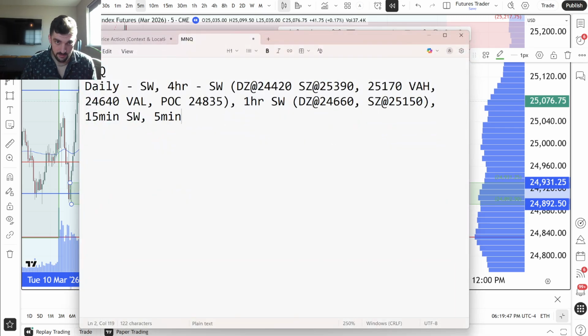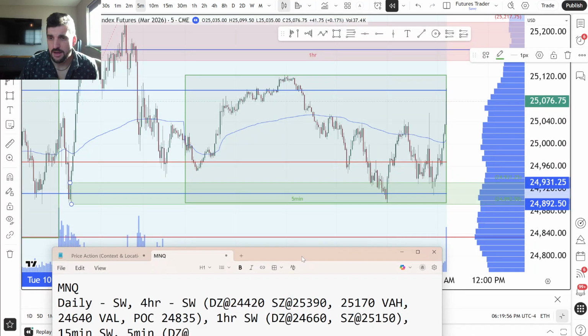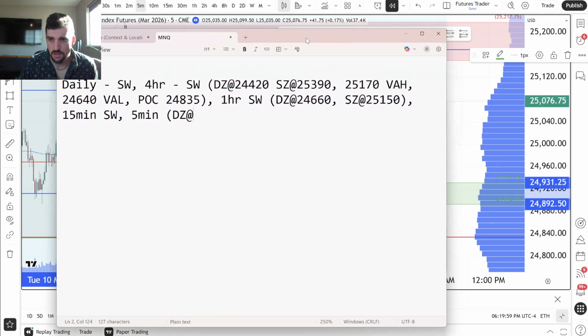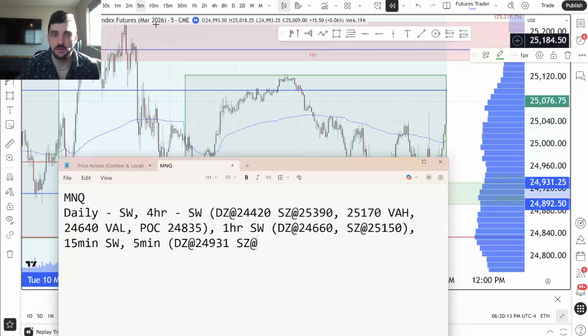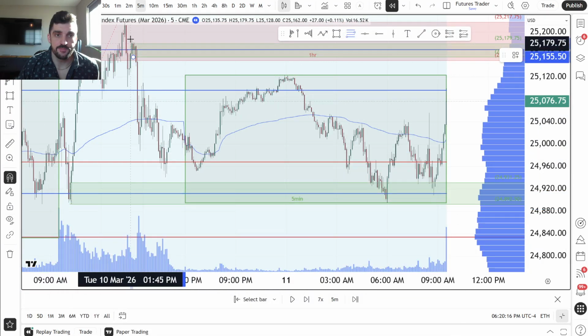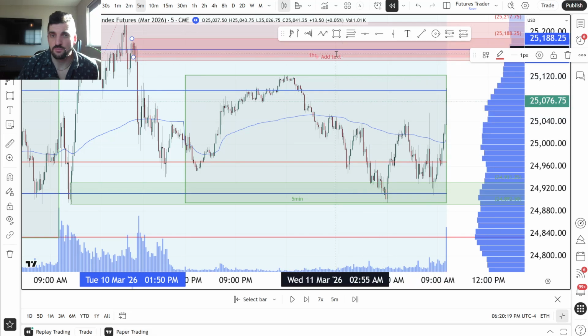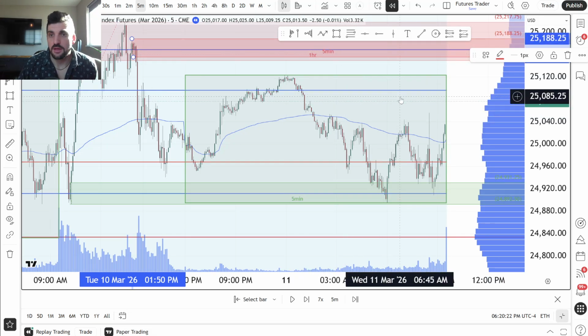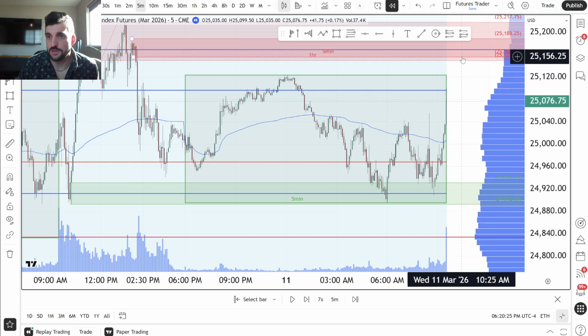And we could say we have the DZ at, we'll call that, 24,931, and we have that supply zone inside of the 1-hour supply zone, and that was up at, we'll call that, 25,155.